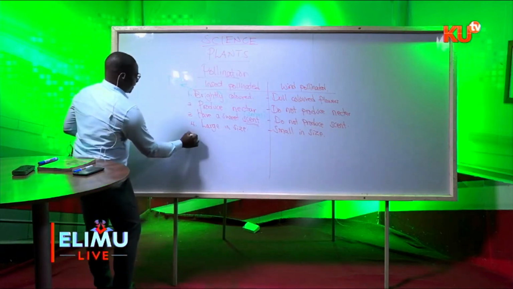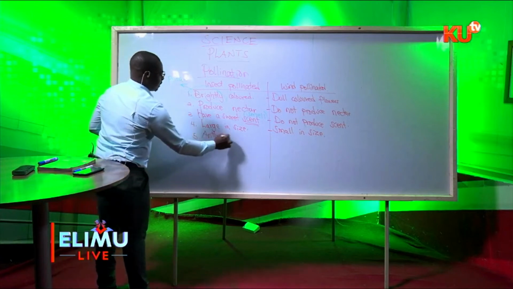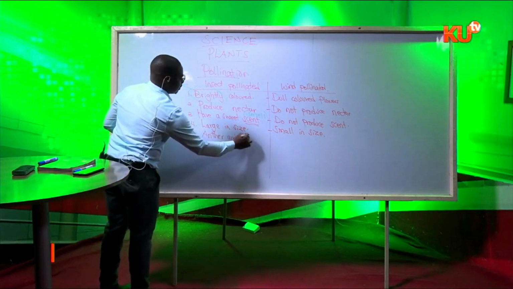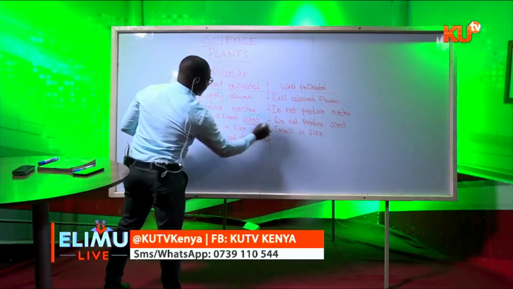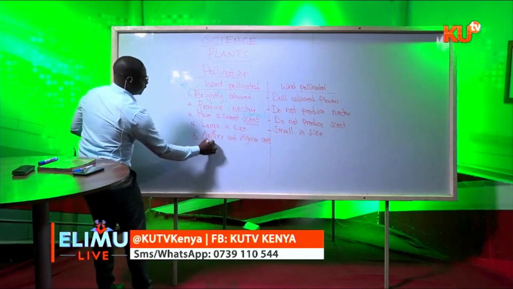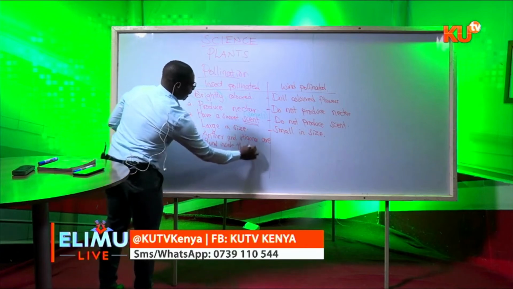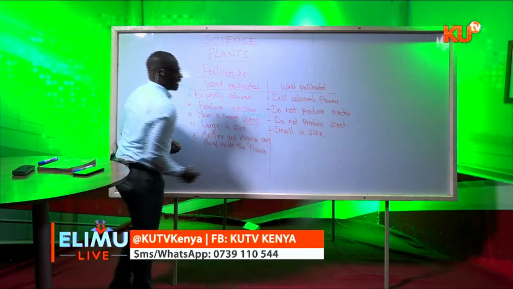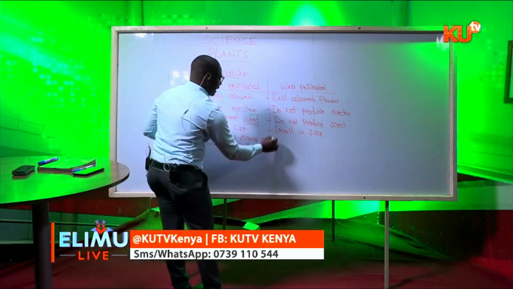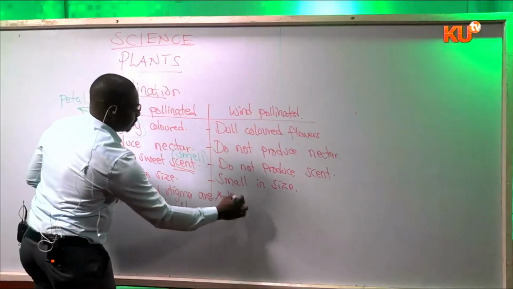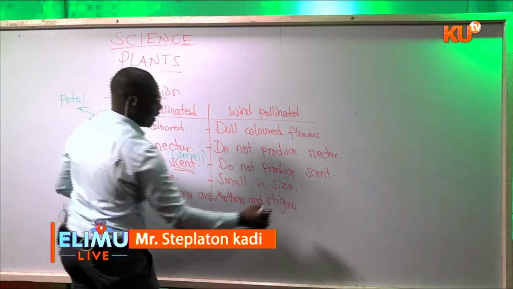Number five, the anthers and stigma. In insect-pollinated flowers, the anthers and stigma are found inside the flower. In wind-pollinated flowers, the anthers and stigma hang outside.